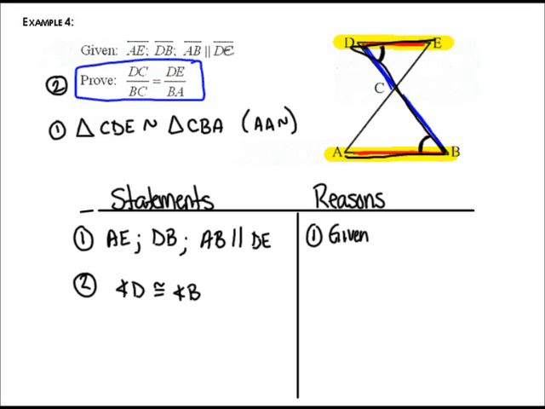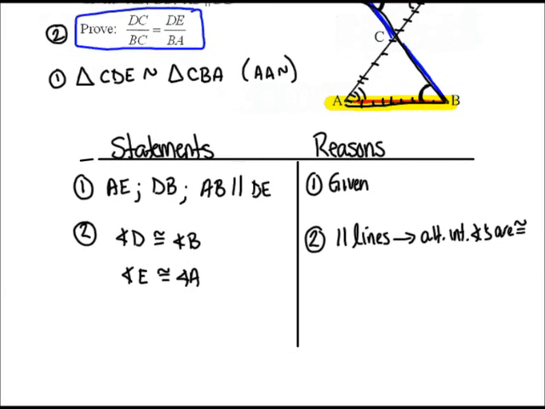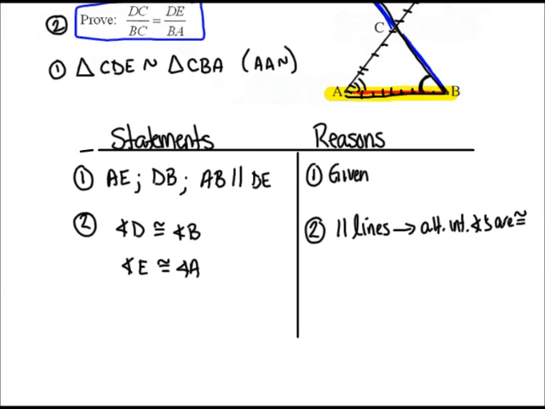Or if you draw your Z the other way, my Z was drawn this way, we could have done angle E with angle A. Angle E would also be congruent to angle A for the same reason. Knowing you have parallel lines implies that the alternate interior angles are congruent. We now have two angles that are congruent. We can say our triangles are similar.